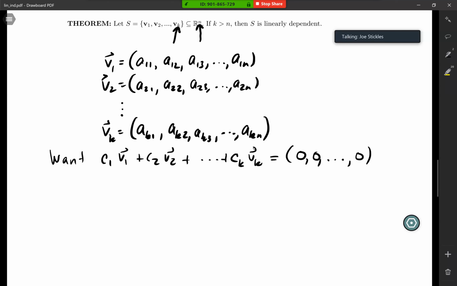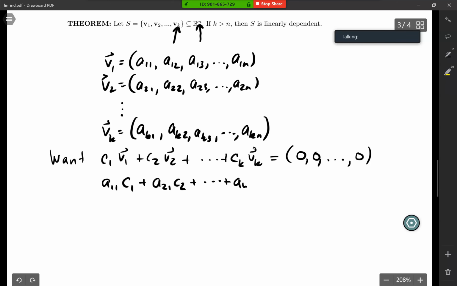So the first one's going to be A11 C1. That'll be your first component. You'll have an A21 C2. That'll be your second component. And then you'll have an AK1 CK. That has to equal 0. So this is just equating first components.